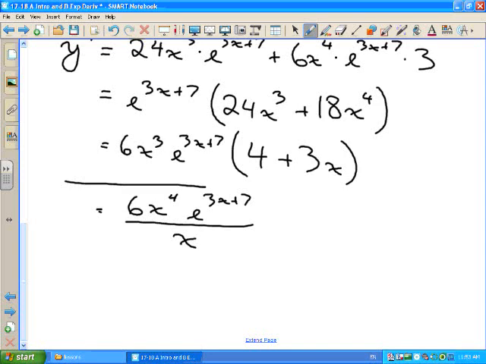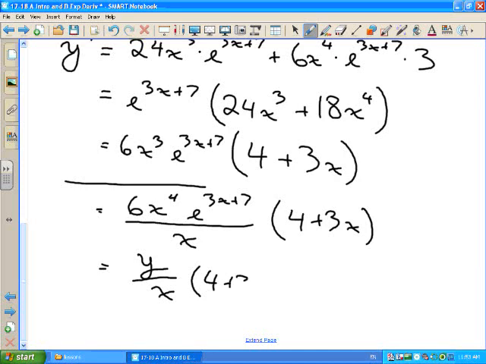So when I did that division, the x's would give me the x cubed back. And this would still be times 4 plus 3x. So this thing up here in the numerator is my y. So this would be y over x times 4 plus 3x.